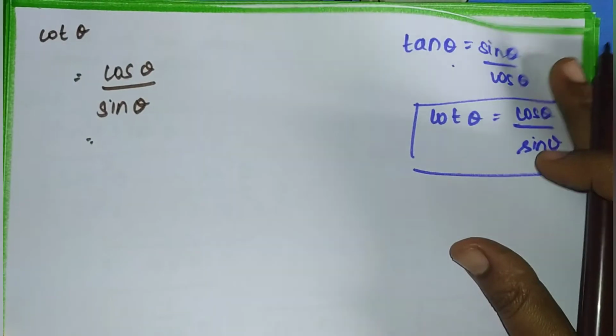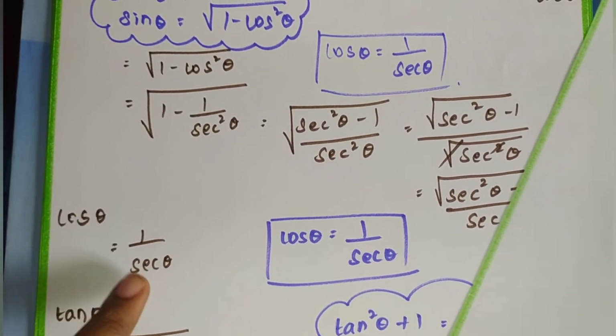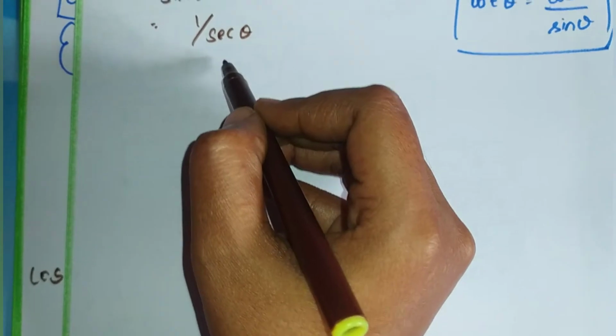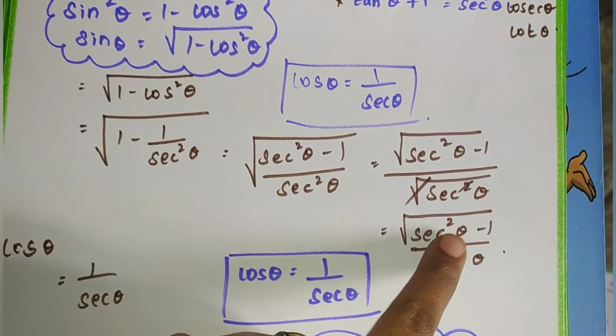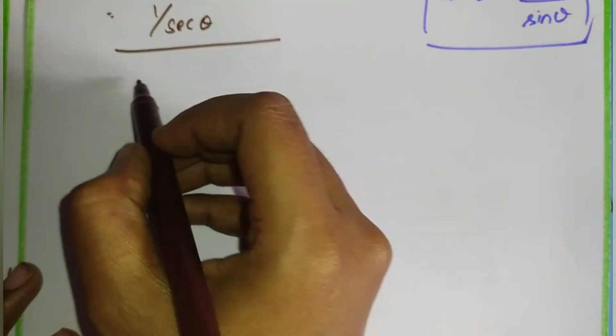So cot theta is cos theta divided by sine theta. For cos, what we have written here is 1 divided by secant theta, divided by sine, which we found as root of secant square theta minus 1 divided by secant theta. That I am going to write here.